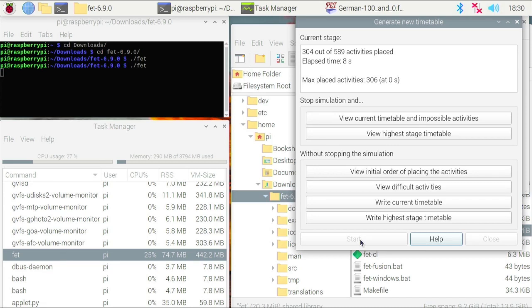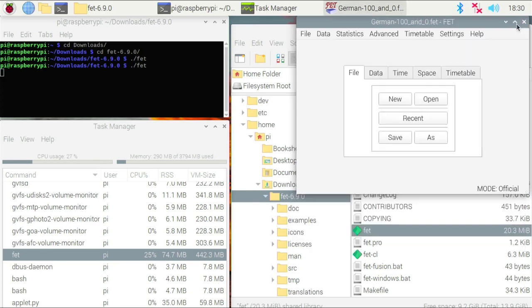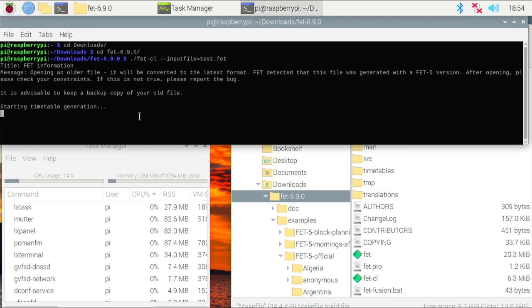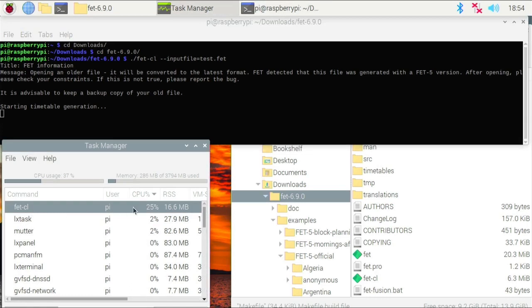To estimate the needed RAM for the instructions, I run FET in command line version. If it generates, it uses 16.6 MB, so 12 MB for instructions. Of course, this is not only used for the generating algorithm. There are also a lot of instructions for reading, preparing and exporting the data.